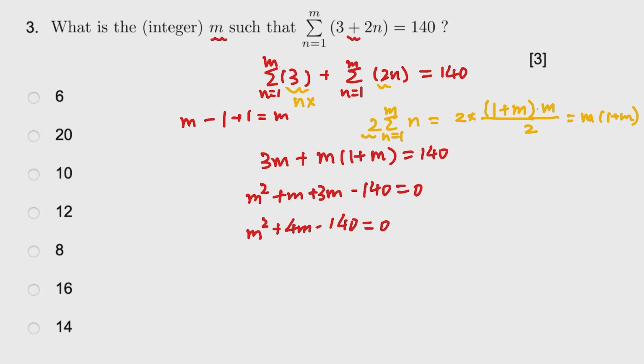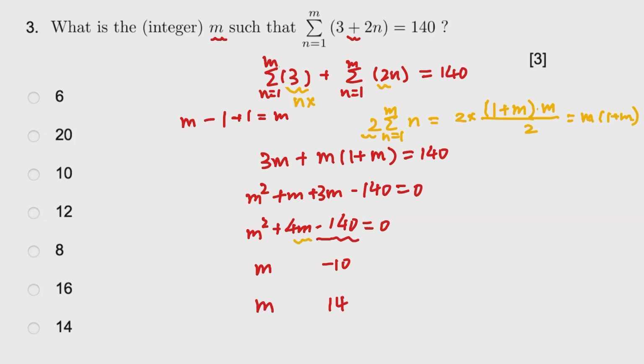Now, let's factorize the entire quadratic equation. We have m squared, which can be written as m times m, and then minus 140 can be written as minus 10 times 14. We factorize minus 140 in this way because minus 10 plus 14 equals 4, which is the coefficient of the m term.